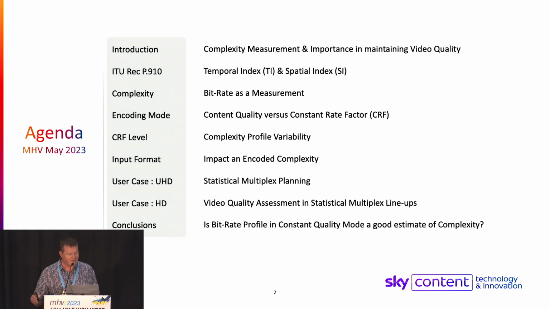Then I'll wrap it up with a couple of use cases, one UHD, one HD, and talk a little bit about some of the work that we do with StatMux. And last, I'll hopefully prove the hypothesis of the paper that basically you can use CQ and CRF as measures of complexity.